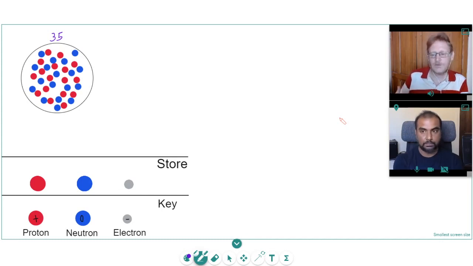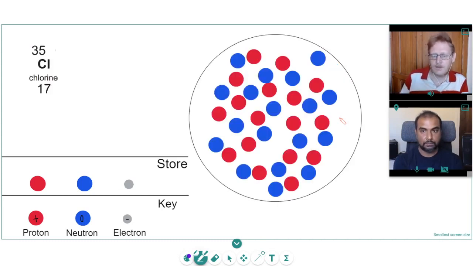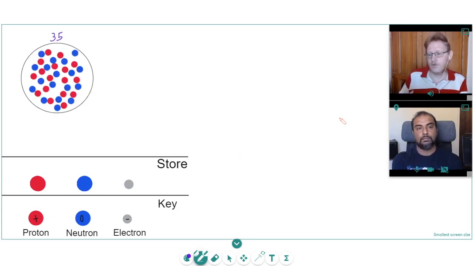The 37 had two extra neutrons in the nucleus. And we know from experiments that there's more 35 chlorine isotopes than there are chlorine 37 isotopes. And we've got an inkling of that from the relative atomic mass being 35.5. So we know if it was 50-50, then our relative atomic mass would come out at 36.